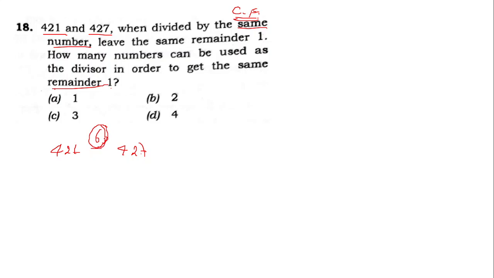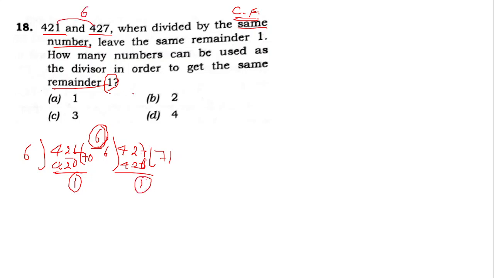This gives me a clear indication that they are divisible by 6, because if I divide 421 by 6, 6 seventies are 420, remainder 1, and in the same way 427, 6 seventy-ones are 426, 427 minus 426 is 1. So I have a clear hint here. The difference is 6, so one number that divides is 6.